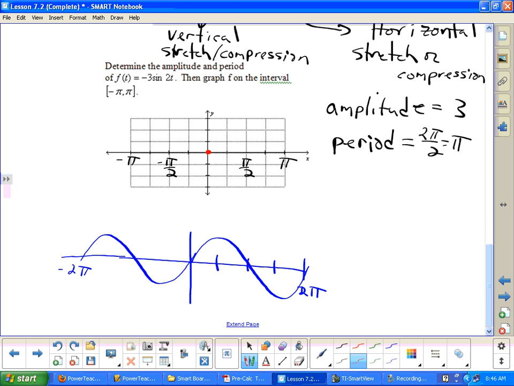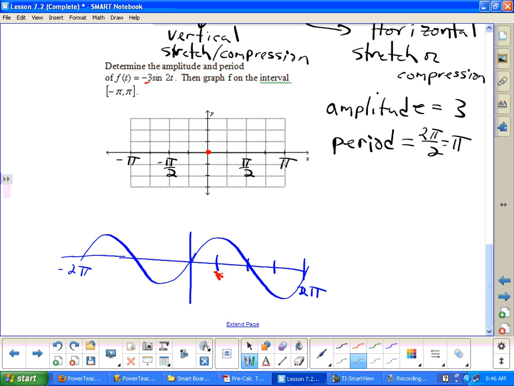Now, at the first max value, the end of the first quadrant, this is normally pi over 2, right? But in this case, it's going to be here, which is represented by pi over 4. So what's negative 3 times 1?